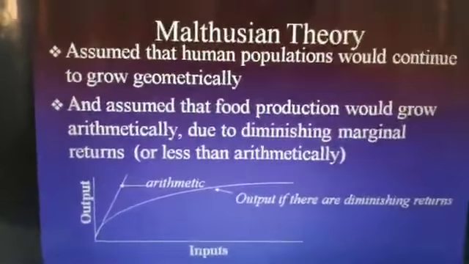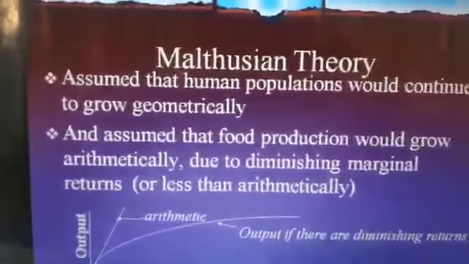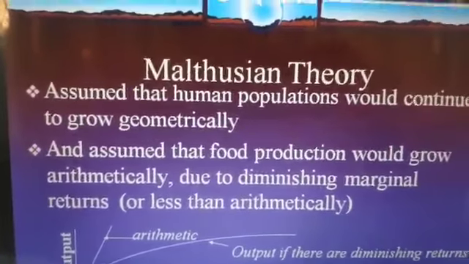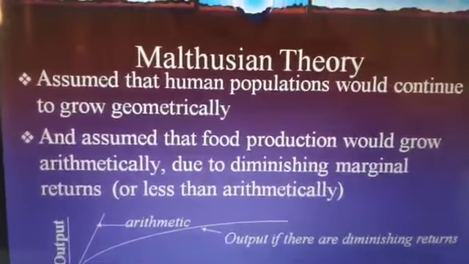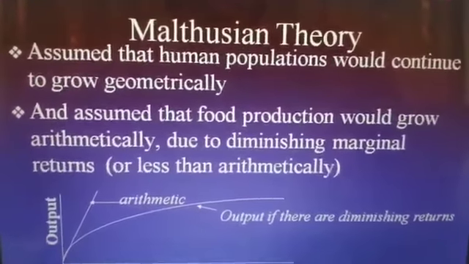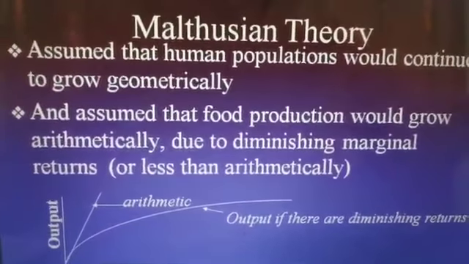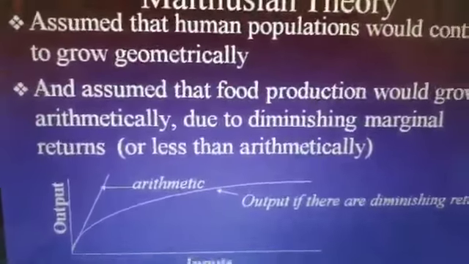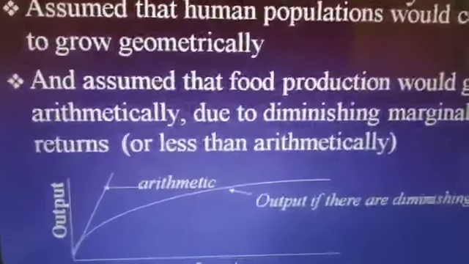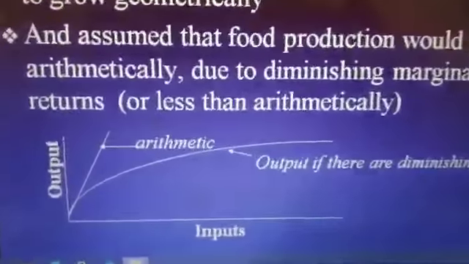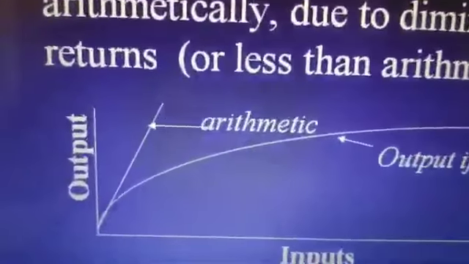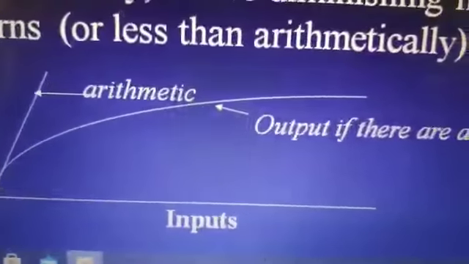And then Malthus' theory assumed that the human population would continue to grow geometrically, and also that food production would grow arithmetically. And due to diminishing marginal returns, it may even be less than arithmetic. Because, dear students, you can see on the y-axis there is output, on the x-axis there is input.